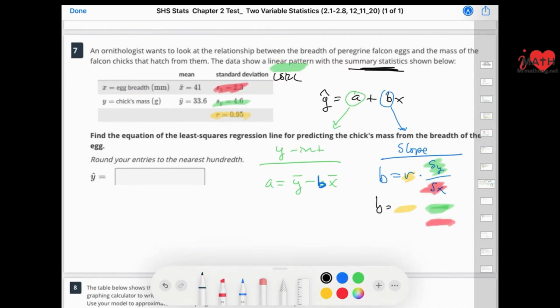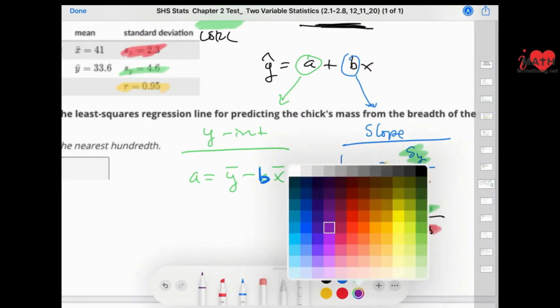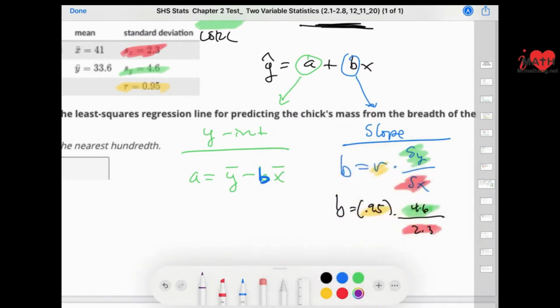B equals 0.95 times a fraction, so 4.6 over, and red is 2.3. And I'm just going to make this a longer fraction. I'm going to multiply the top and the bottom, so let's go ahead and do that.